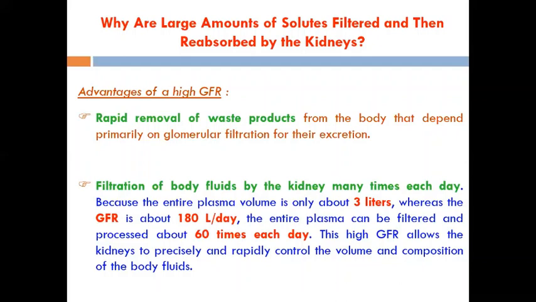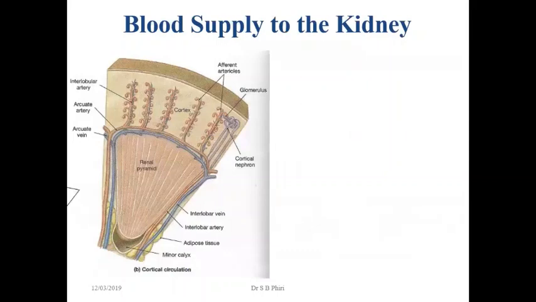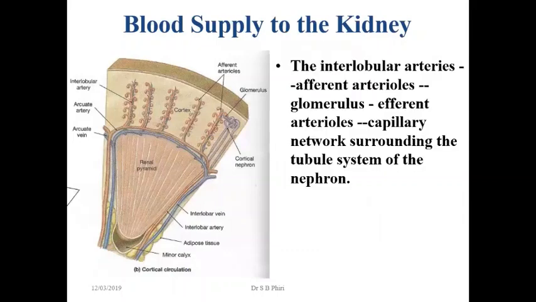Because if you assume there is no reabsorption taking place within the kidneys, it will only take 24 minutes for someone to lose all the plasma. So within 24 minutes, you'll have excreted all your plasma. You will be out of fluid. So that's why reabsorption is very important within the kidneys, so that you reabsorb much of the fluids. Otherwise, if there's no reabsorption, then dehydration will come in.